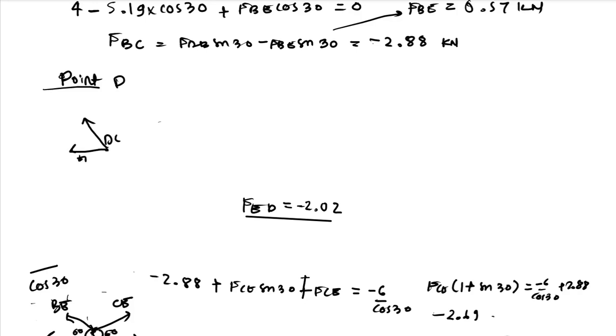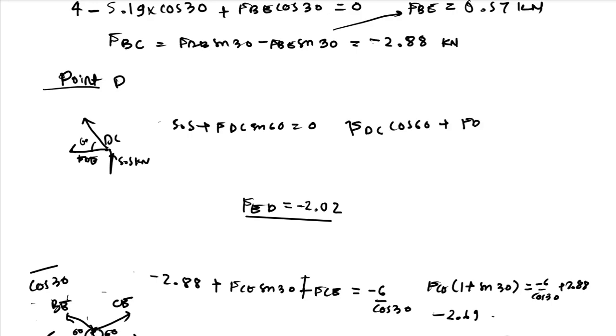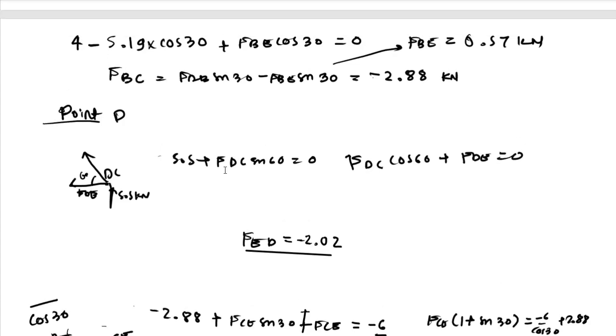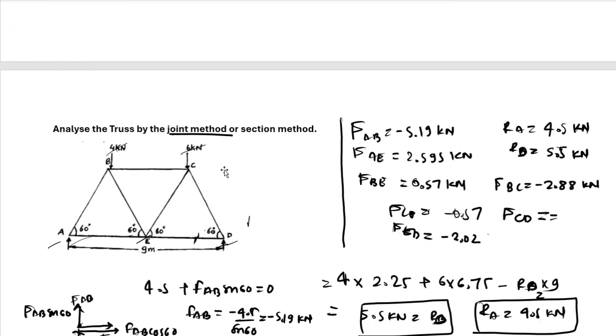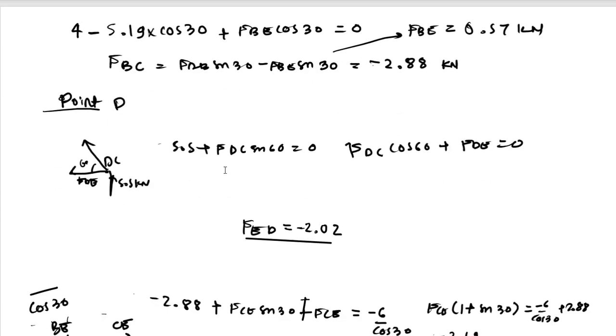We have FDE. And we have 5.5 kilonewton force acting in the downward direction. This should be 60. So for the equilibrium condition, we have 5.5 plus FDC sin 60 should be 0. Also the second is the horizontal direction. We have FDC cos 60 plus FDE should be 0. So we have the value of FDE from the above calculation as minus 2.02.